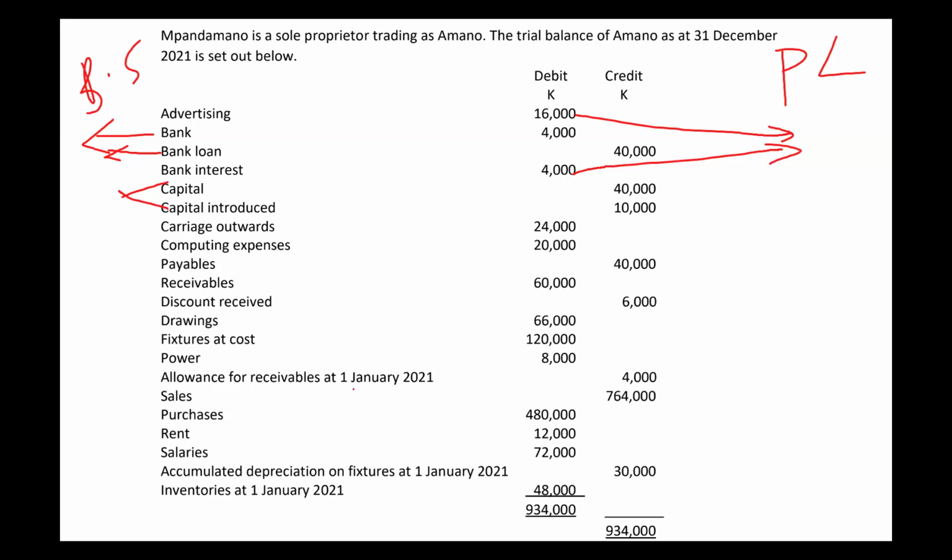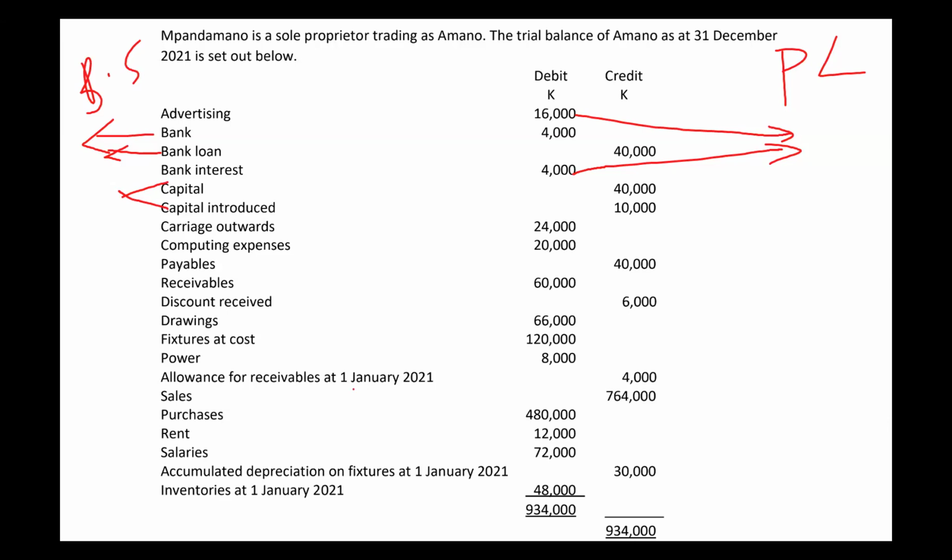Sorry, sir. Are we on capital or are we on carriage outward? Carriage outward and computing expenses. These two, where do they go? I think they go to the PL under expenses.